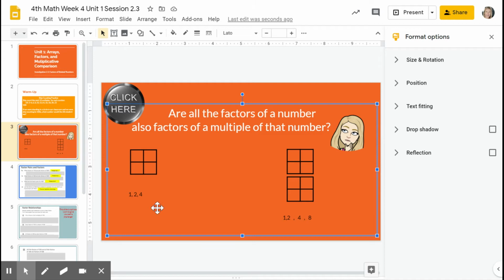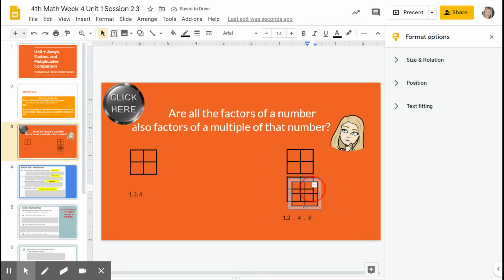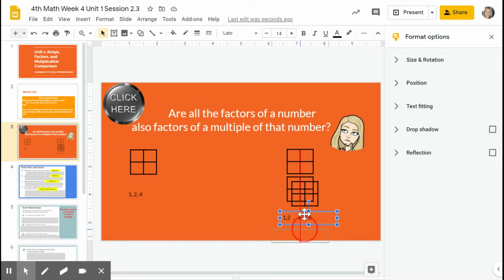So what would be another multiple of 4? Here's 8. So let's go to 12. If I added another set of 4 here to make my array, and I would have to move it around. If I added another set, I'm going to copy that, paste it. There's another one. Let me move this guy a little bit. To make as close to an array as possible.